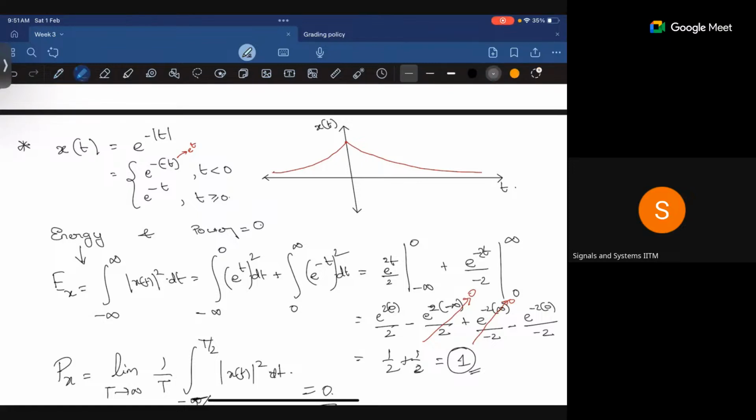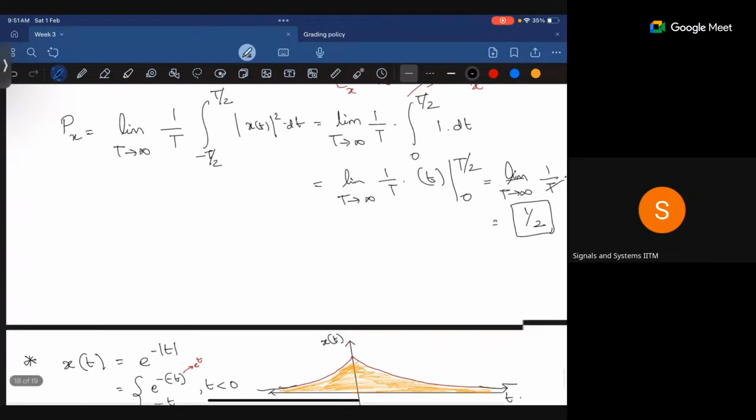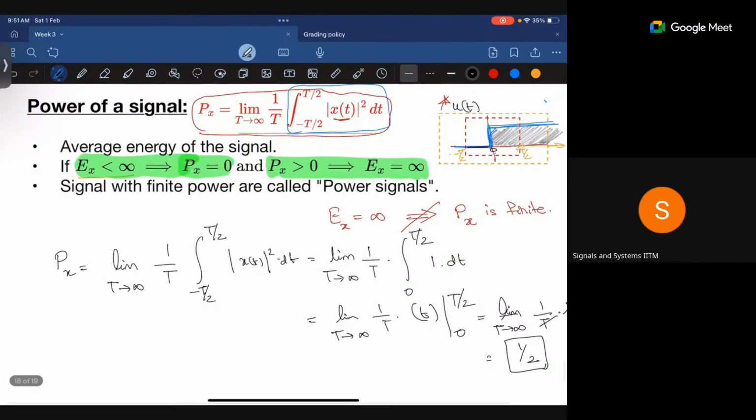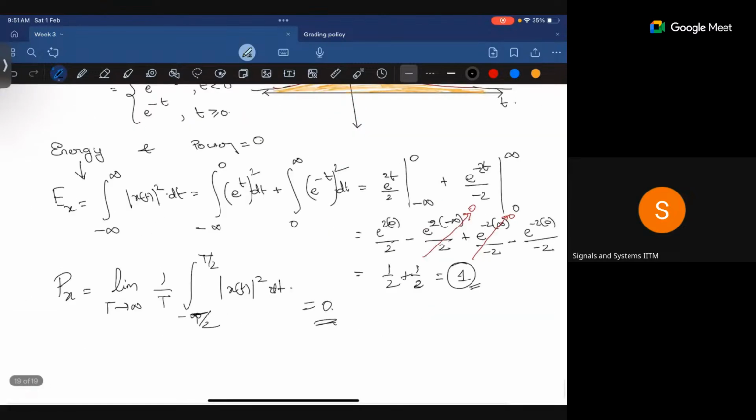And you can easily observe that this thing will be finite, once this is finite, because these are coming close to zero. So once energy is finite, the power is 0. No need to compute. So from this, if your energy is finite, it will become an energy signal and it will not be a power signal. Okay.